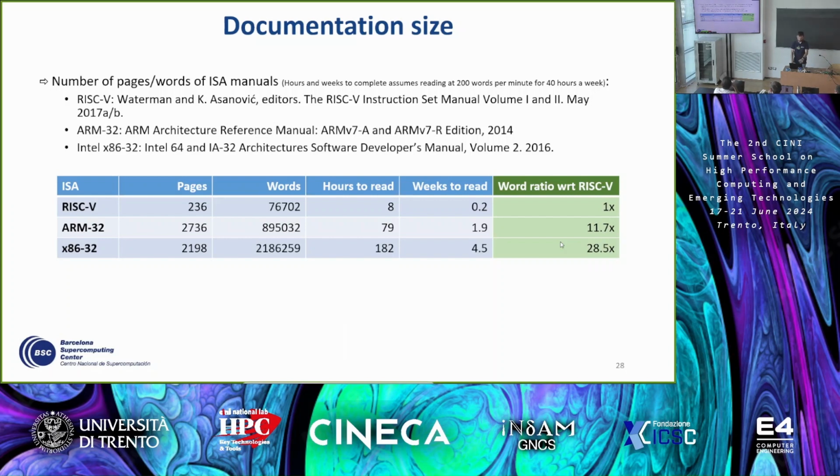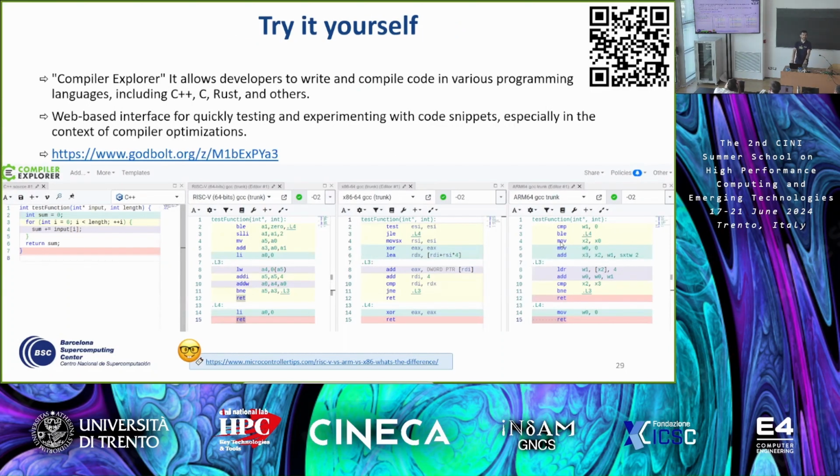But let's move on. I don't know if you know the compiler explorer. Have you ever used it? Okay, so if you go to the compiler explorer with this QR code, you have the sum of a vector compiled with different compilers, and you see that if you put -O2 as the standard optimization flag, you basically have the same number of instructions with different architectures.